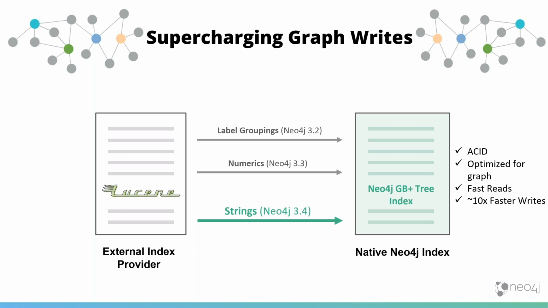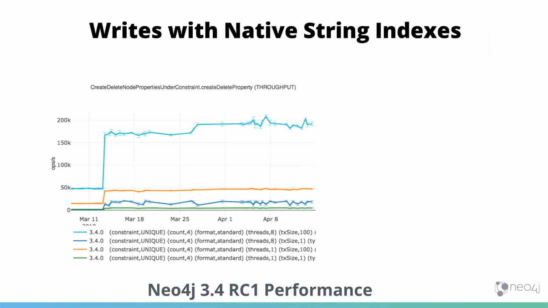But the results are really pretty astronomical. So, 10 times faster writes. Everything, of course, is going to be ACID transactions in the creation of these indexes, and it supports very fast read activity. But let's look at what the overall impact of this is from the point when we introduced this.